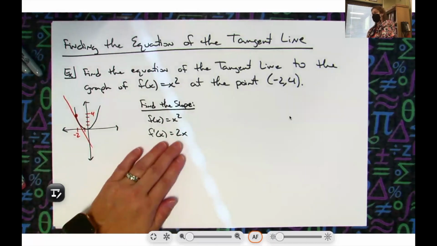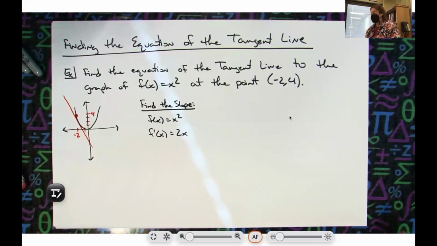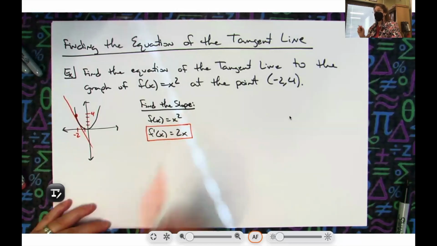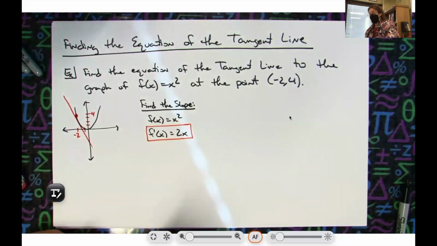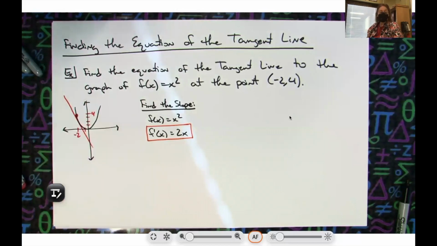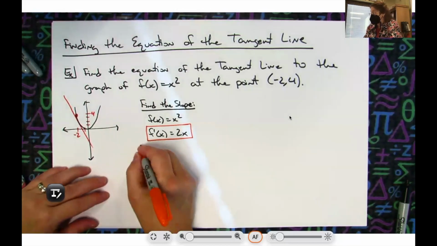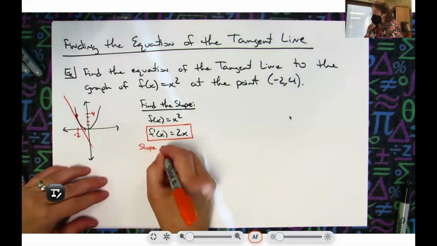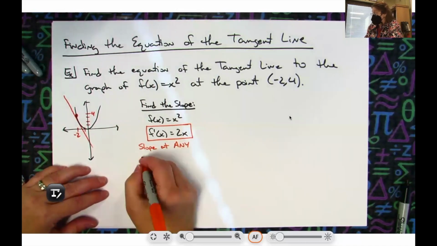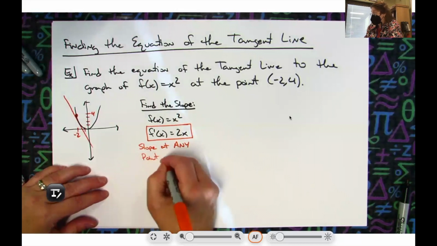Now, when I write the equation of a line, do I have slopes that look like 2x? No, I have numbers. What I want you to get in your head is that this right here gives you the slope at any point along the curve.